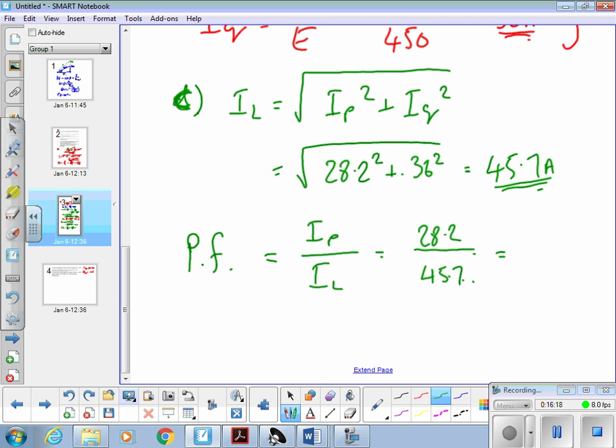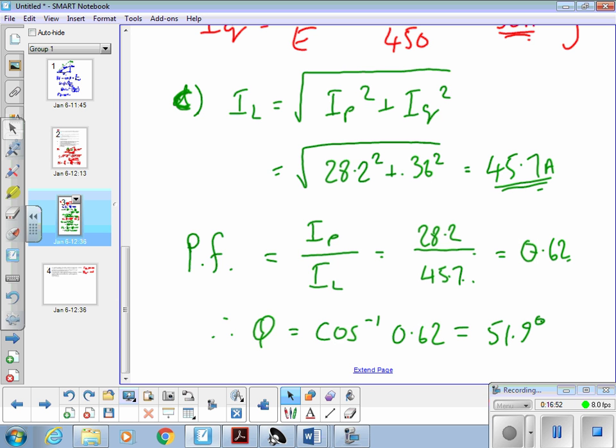We calculated the power factor earlier anyway, but let's check it. Do we get the same? Should do. Yeah. Therefore, theta is cos to the minus 1 of 0.62 equals, and whatever that is, 51.9 degrees.